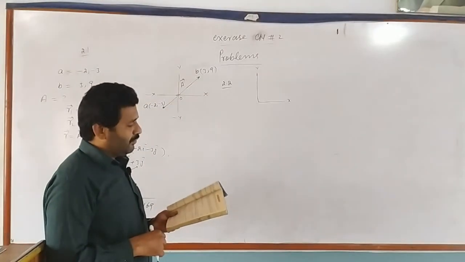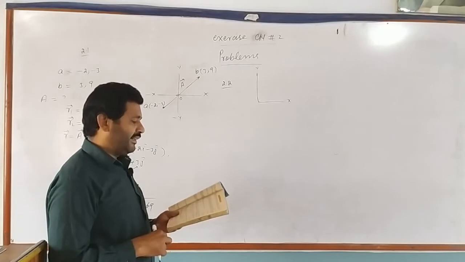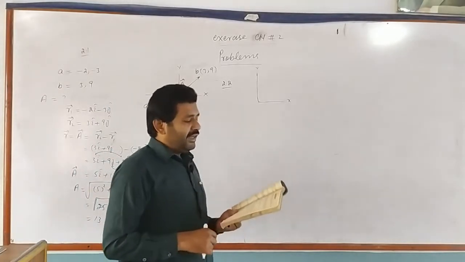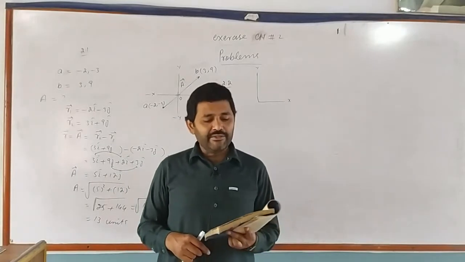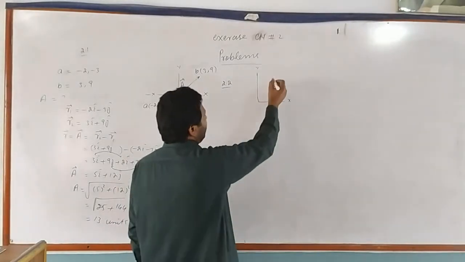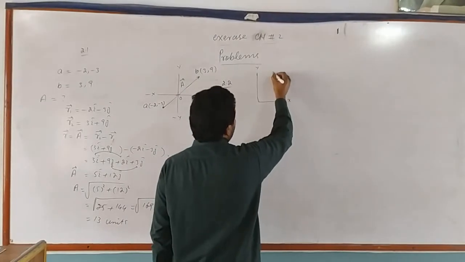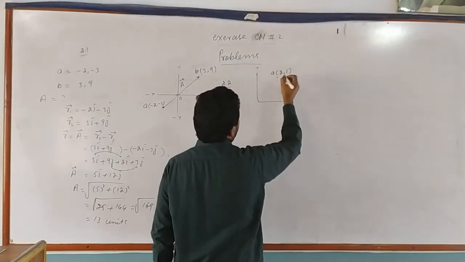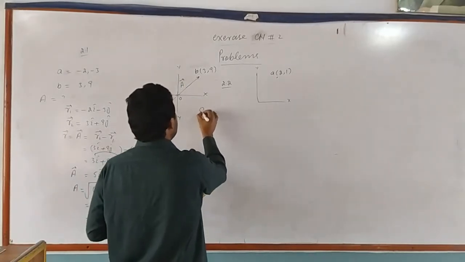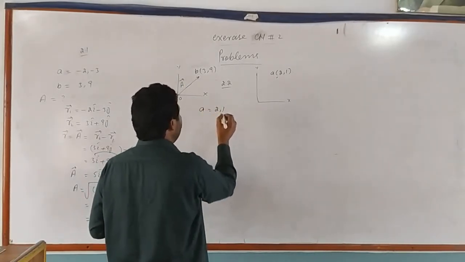If an insect is crawling on an adjacent wall at a point having coordinates 2 and 1, we have supposed a point A with coordinates 2 and 1.